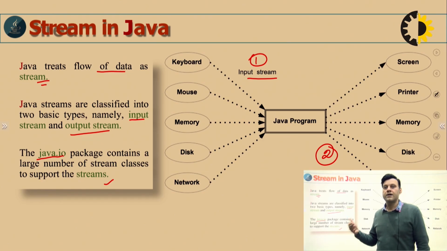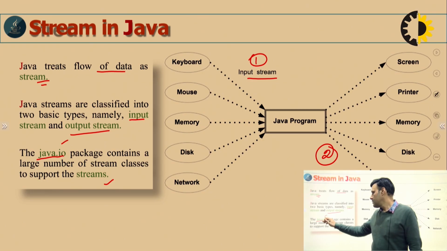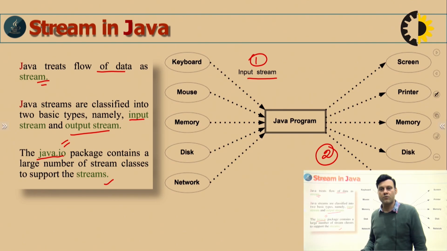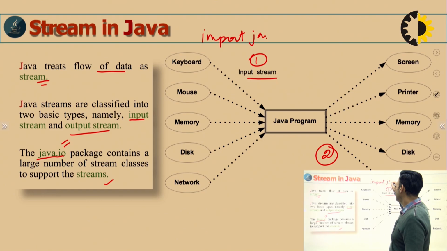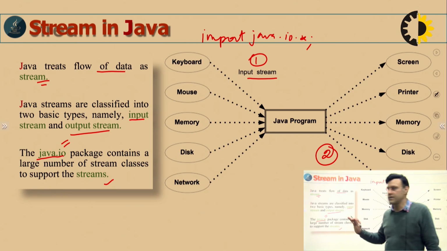These stream classes are contained in the package java.io. So while making a program with streams, we have to import this package, by writing the command import java.io. It will include all the classes contained in this package.